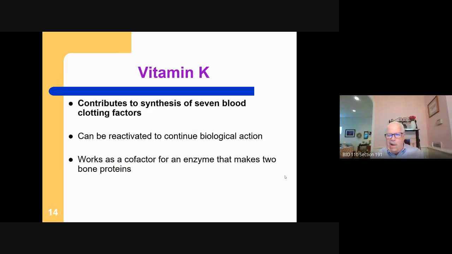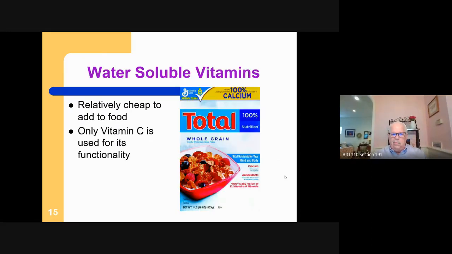Vitamin K, you already learned about vitamin K. Vitamin K is essential in blood clotting. Now, let's go to the water-soluble vitamins. The famous water-soluble vitamin is vitamin C. Vitamin C, it is added to everything.